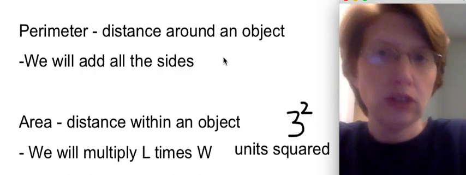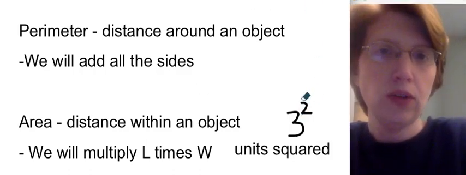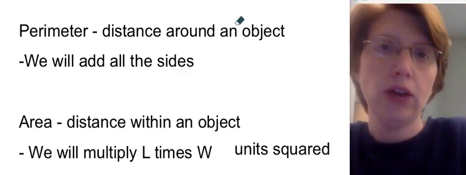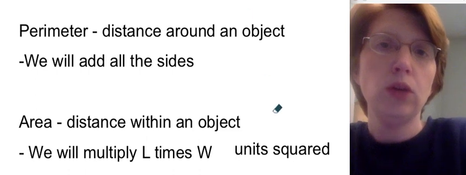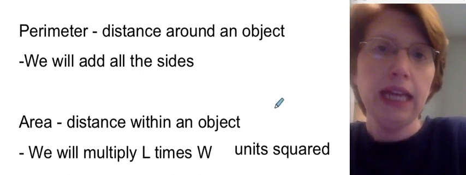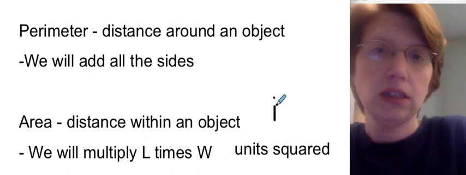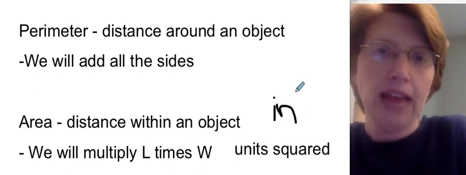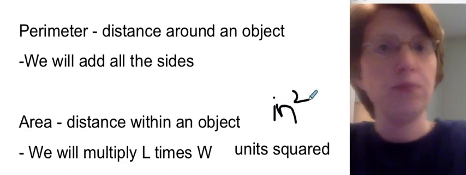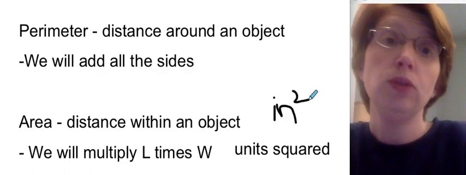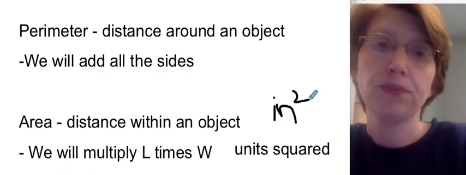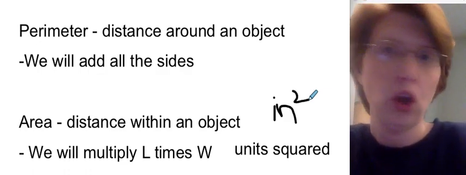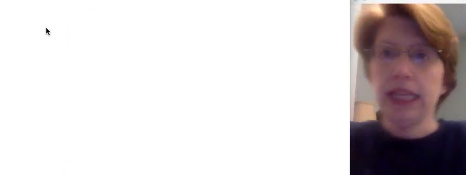So actually, that's incorrect. We want units squared. So we would write inches, and then we would put the little squared at the top. Okay, so that's area. Do we need that for perimeter? Nope. Only area.